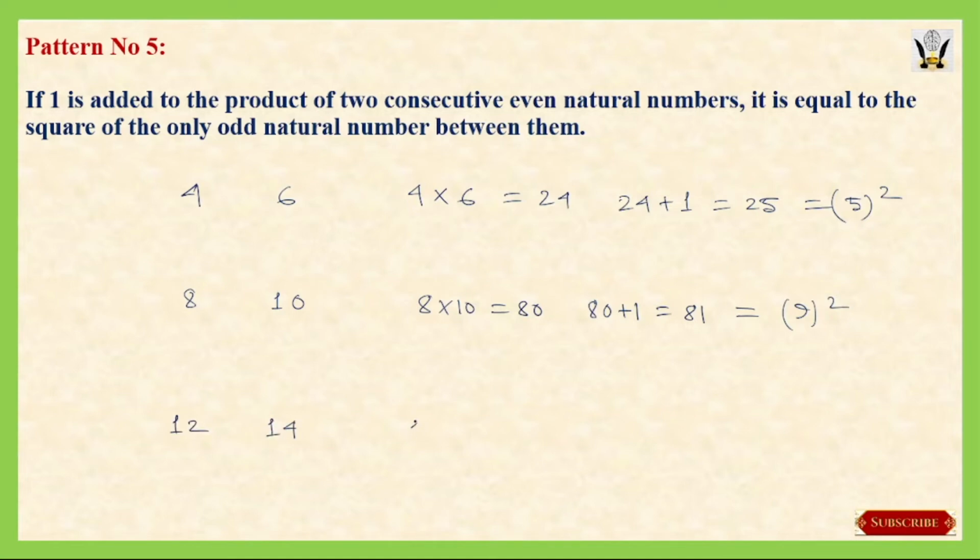So when we will multiply 12 and 14, that will give us 168, and when we will add 1 to 168, then that will be 169, and 169 is what? 169 is square of 13, and 13 is the only odd natural number which lies between 12 and 14, these two consecutive even natural numbers.